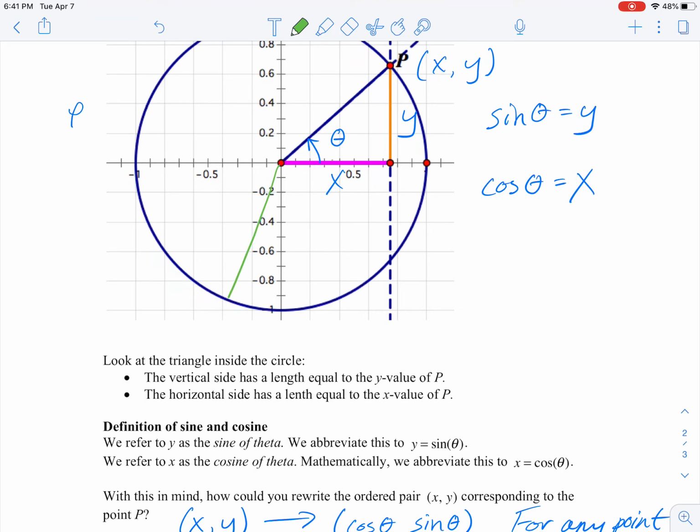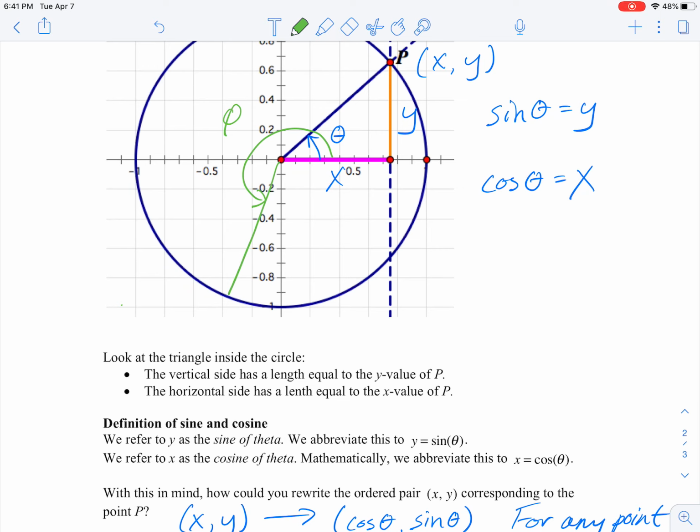This is going to be the terminal side of a new angle, and we're going to call this angle phi. Now, we said that the sine of phi is the y value of that point, and the cosine of phi is the x value.